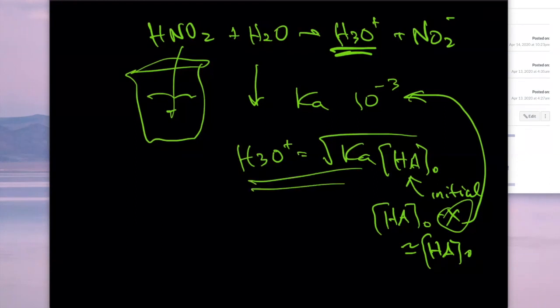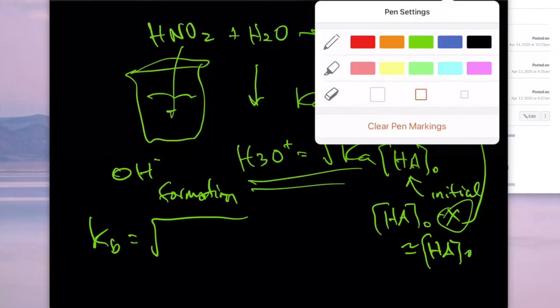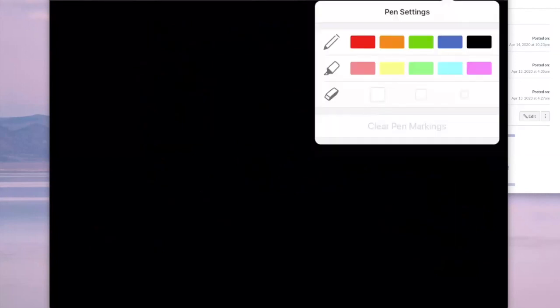Okay. Now, if you have hydroxide formation, then that's a Kb process. What you're going to have is some base.